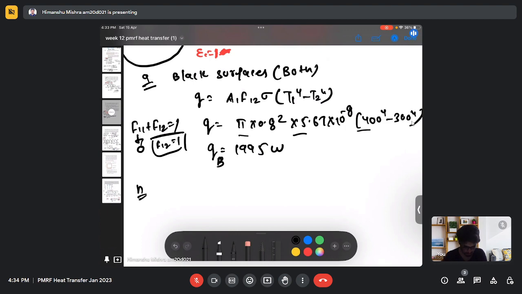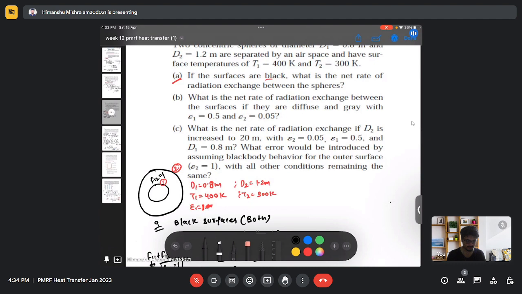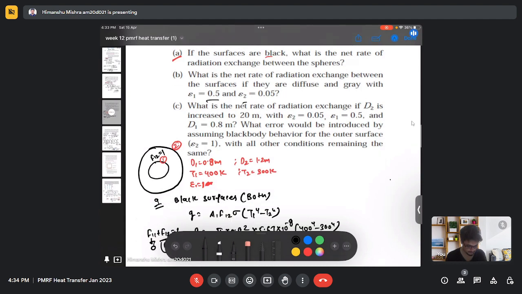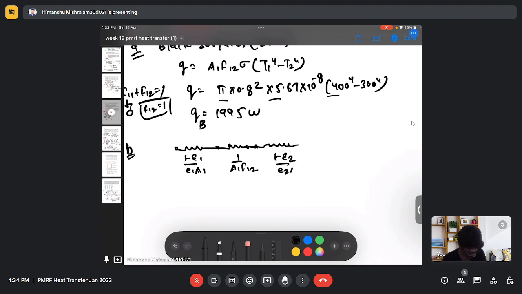Now if both surfaces are gray and we are given the emissivities of both surfaces, epsilon 1 and epsilon 2, you can just use the resistance concept we are already using. So my heat transfer for the gray surface will be.